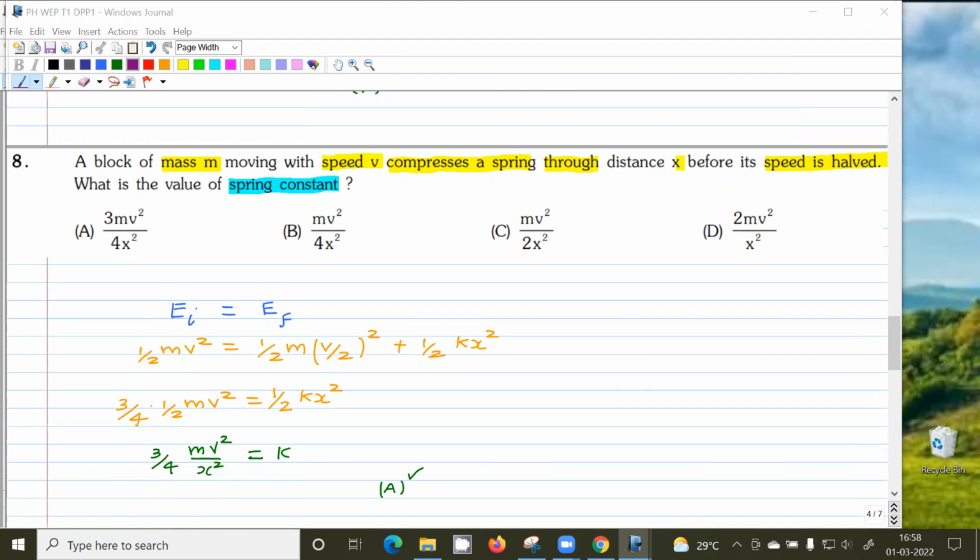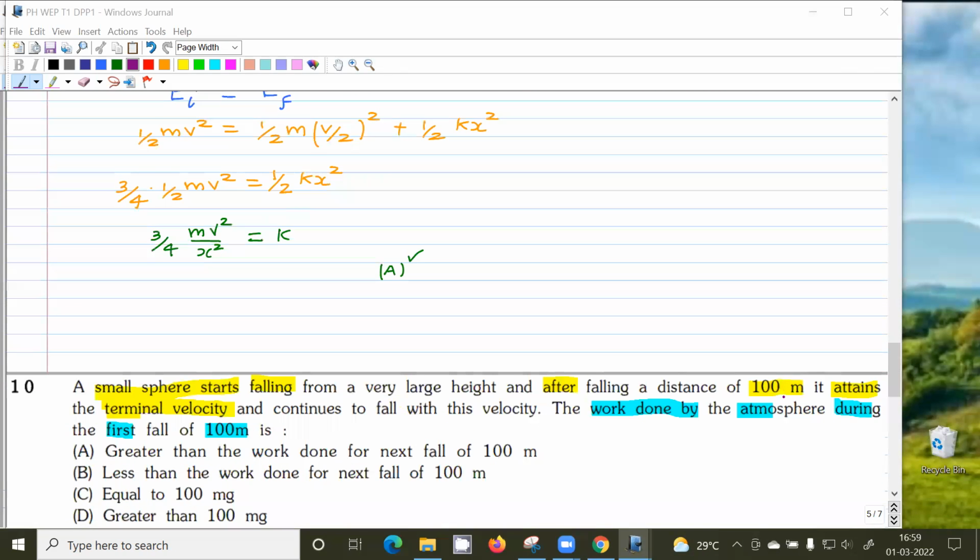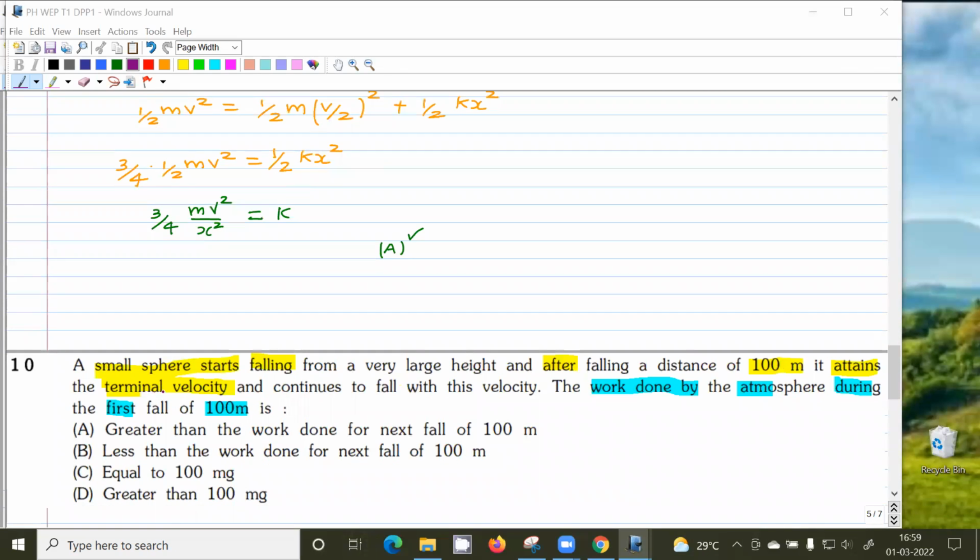Okay. This one. Terminal velocity means it's a maximum velocity.